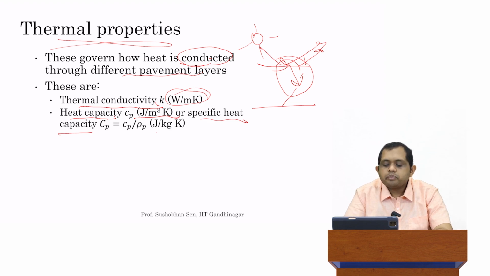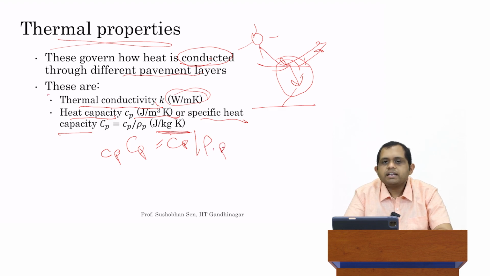So that is in joules per kilogram Kelvin. And so generally we show heat capacity as a small case c sub p. Any specific property in thermodynamics is shown by a capital letter. So specific heat capacity is capital Cp, and the simple relationship between the two is that specific heat capacity is the heat capacity divided by the density, which I'm showing as rho p, of the material.